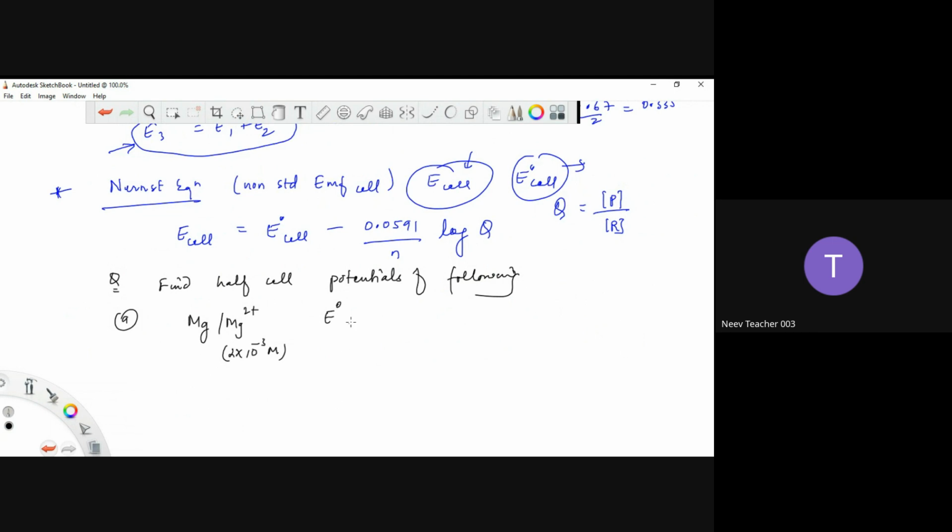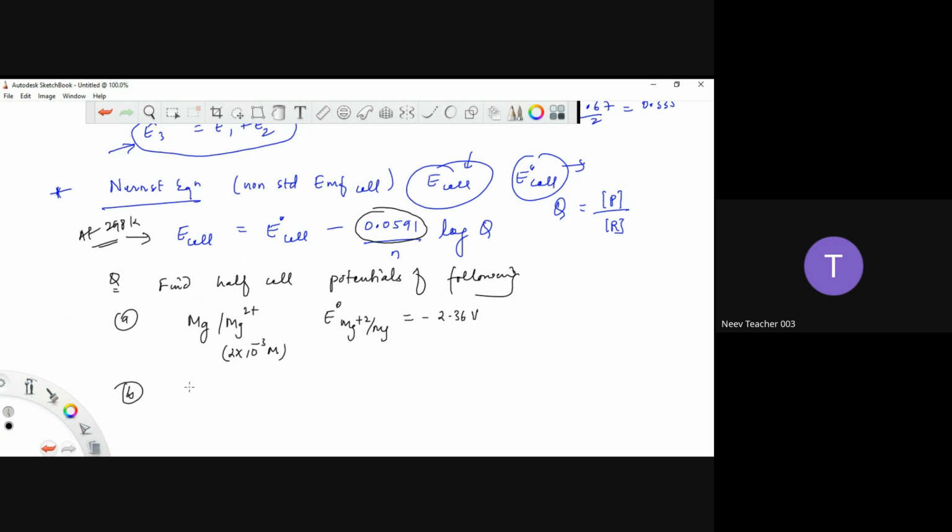And E naught of this electrode Mg2+/Mg is given as minus 2.36 volt. Calculate E cell of this. And this is at 298 Kelvin, only then this factor 0.0591 comes. Okay. Now do it and tell me what the value will be.